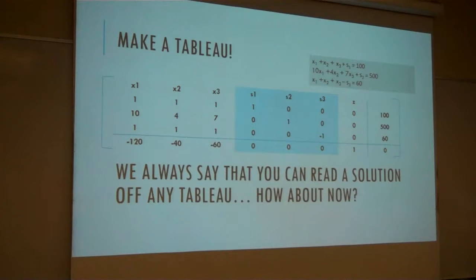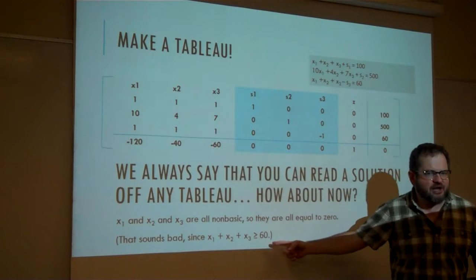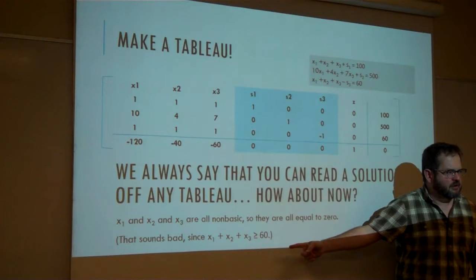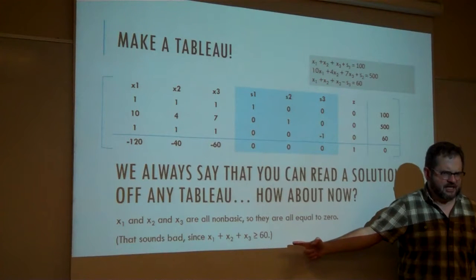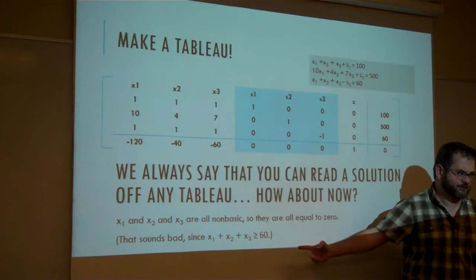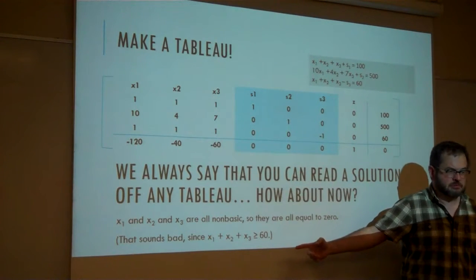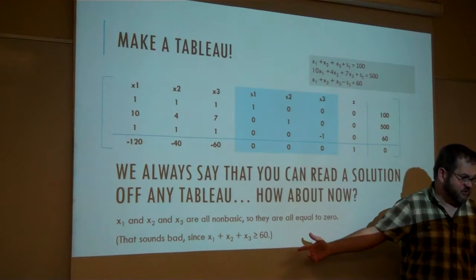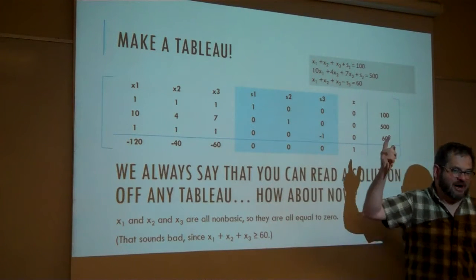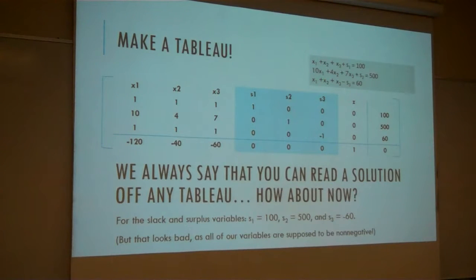So, if x1 and x2 are non-basic, they're equal to 0. Doesn't that make you say, wait a minute, you were told x1 plus x2 plus x3 had to be at least 60, and we're just adding 0 plus 0 plus 0 and saying it's greater than 60? We got a problem. That should make you a little bit suspicious. And remember, we said that all the variables have to be non-negative.